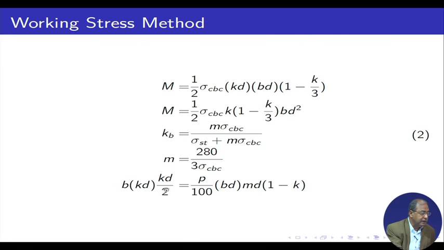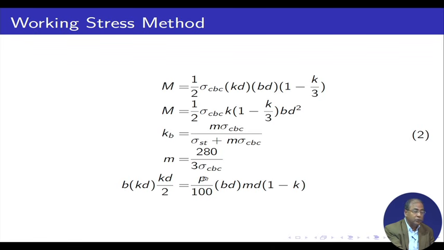So, b k d by 2, p by 100 b d m d (1 minus k), that we can find out. This is the one for the steel and this is for concrete. From there we can find out many more things.